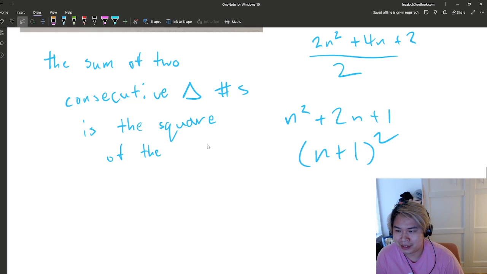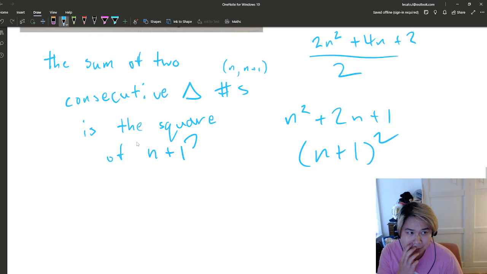Is the square of the... I don't know, sum of two consecutive numbers, n plus 1, is the square of n plus 1. I'm not entirely sure what they want you to say here. It's only 1 mark.